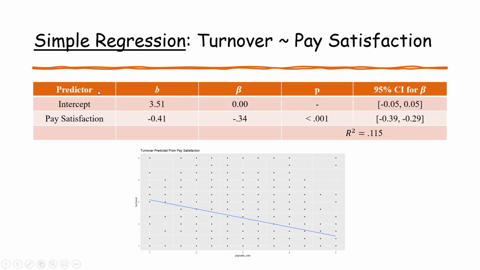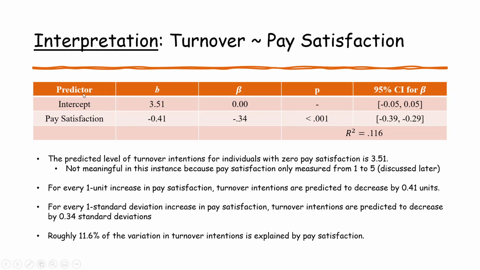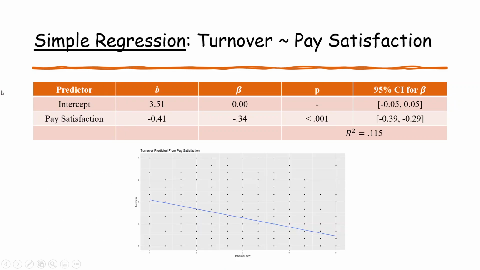The easiest way for me personally to display the output of a regression model is to make a table with all the information. Instead of trying to type out everything by hand, just make a table. So what we have here is the variable, or the predictor variable. So we have our intercept and our predictor variable, which was pay satisfaction. And then this B is our unstandardized slope.